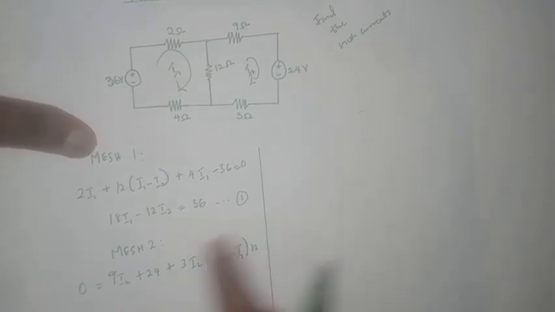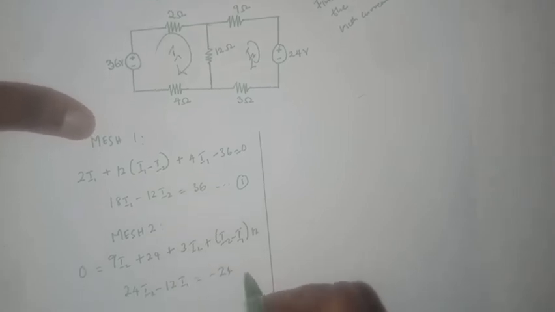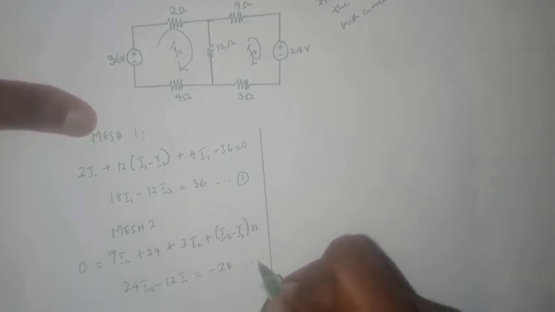We can then simplify it. Then when we do so, we would have 9, 12, and 12 plus 12, 24. We'd have 24 I2 minus 12 I1 equals minus 24, and we have our second equation.